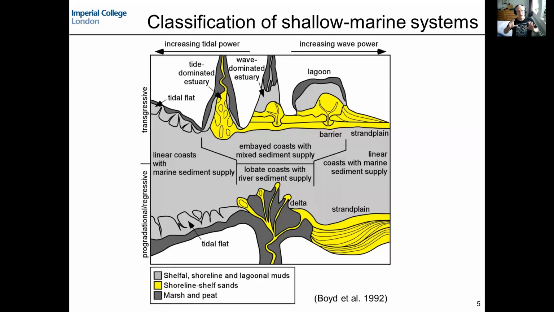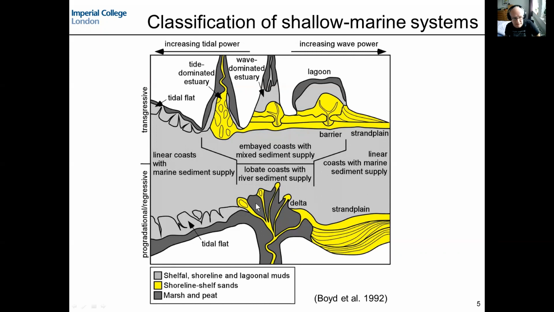If we look at a schematic plan view map of these different environments, this diagram shows two such maps. So the top half of the diagram is showing transgressive or retreating shorelines and different types of shoreline in there. The bottom half of the diagram is showing progradational regressive shorelines that are building outwards, and the main shoreline types associated with that.